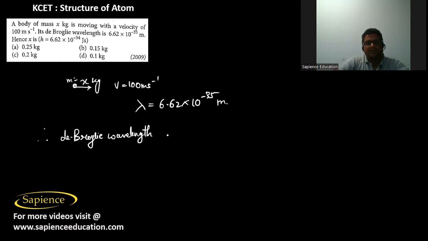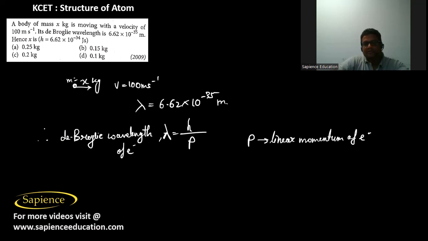of an electron, that is lambda, is given as h by p, where p is the linear momentum of the electron. So p equals m into v.